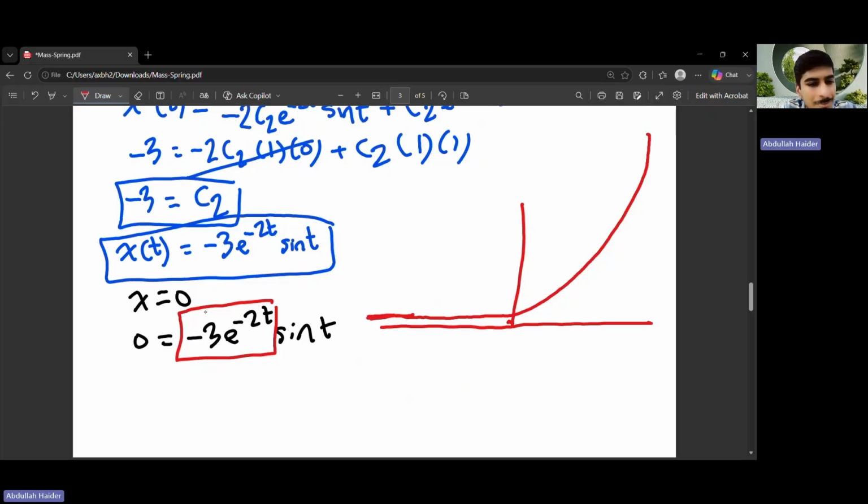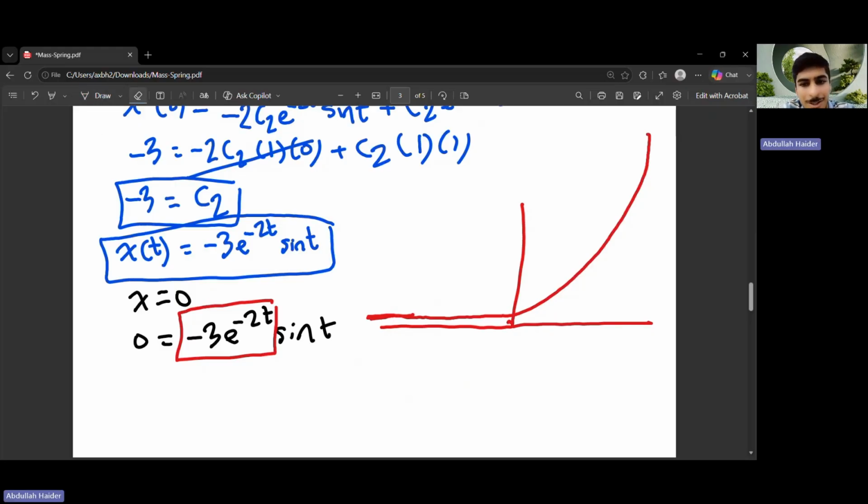Which means that you cannot use this expression to find the value of t, because the exponential approaches 0 from the left. If you go back and back in this graph, it'll approach 0 but never touch it.